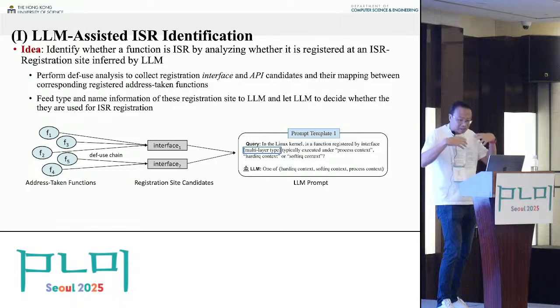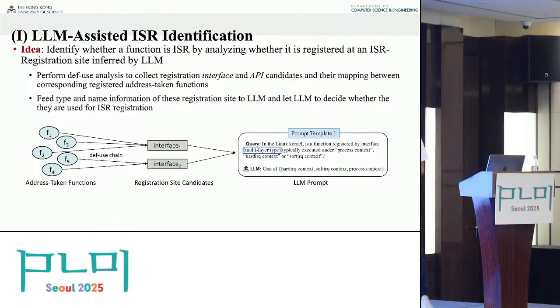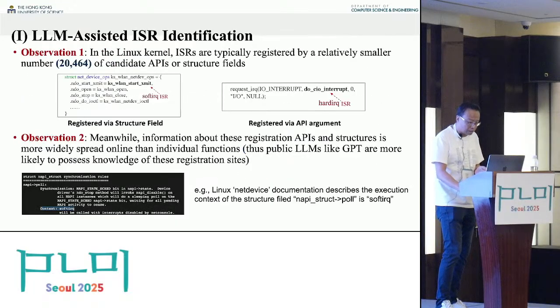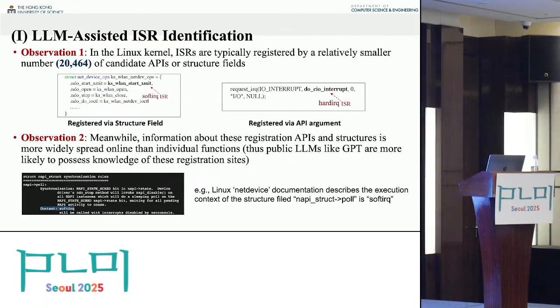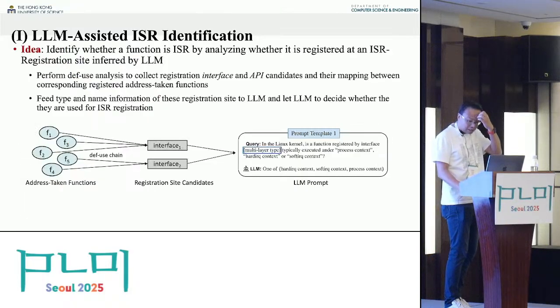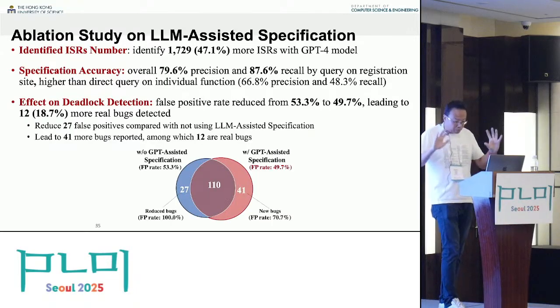After that, we're going to tell the LLM, this is what we found, and please look at this particular function. Yeah, in this example, please look at this particular function to tell me if it's an interrupt handler. And by doing that, we can actually have a lot better performance.